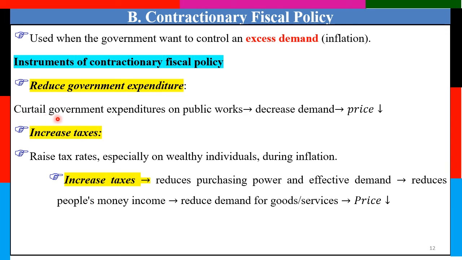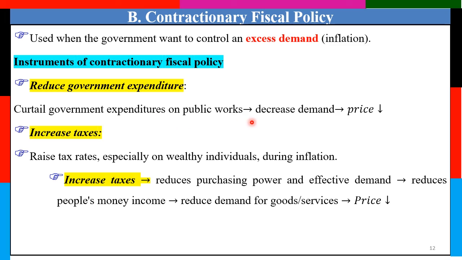When the government cuts its expenditure, it means a decrease in the demand. Decrease in demand means the price is decreasing. Price decreasing means there is no inflation. Inflation may be reduced. So how can the government reduce the inflation? The government reduces the expenditure.